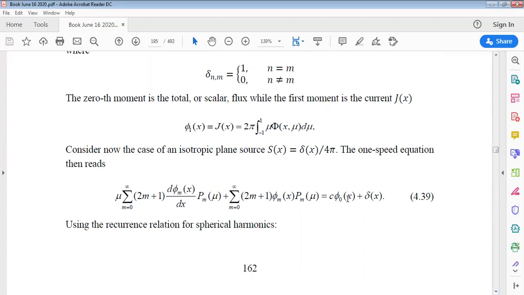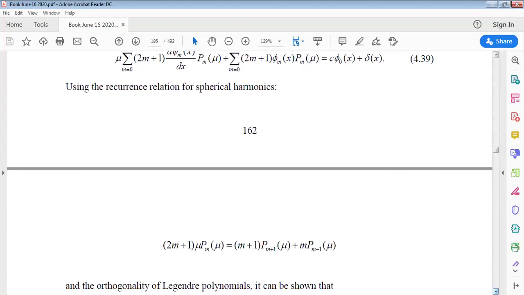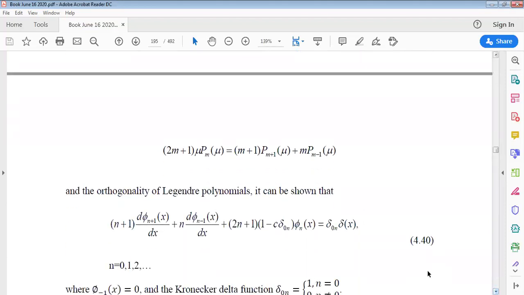Okay, so now in the transport, in the one-speed equation, if you write for flux the position and the angle dependence, and put them all down, you get equation 439. Now you can also use recurrence relations for spherical harmonics. As you can see with the Legendre polynomials, the m is connected to one above it and one below it.